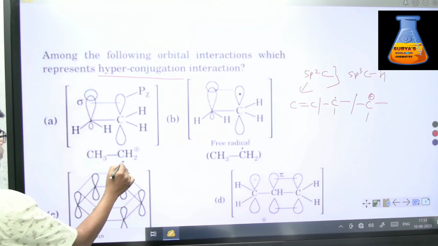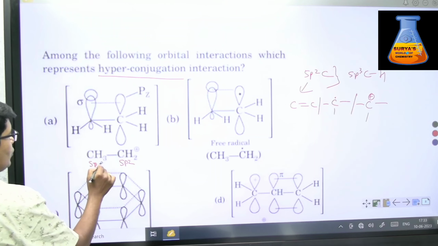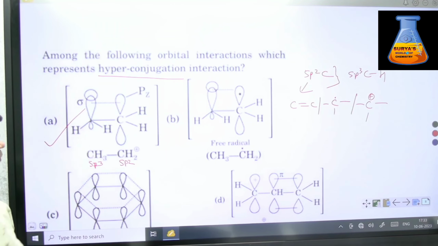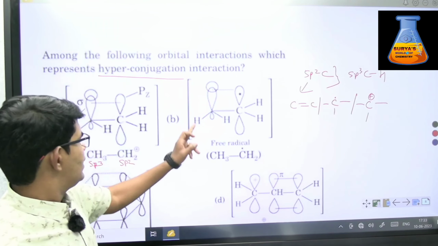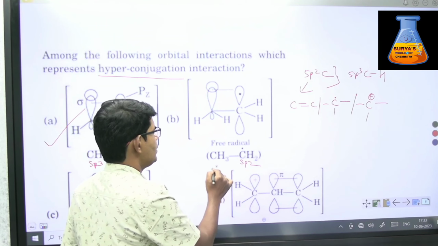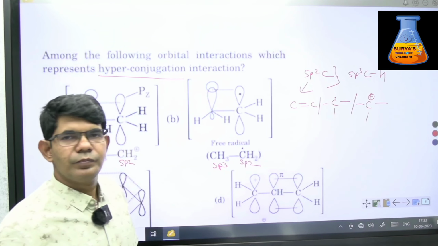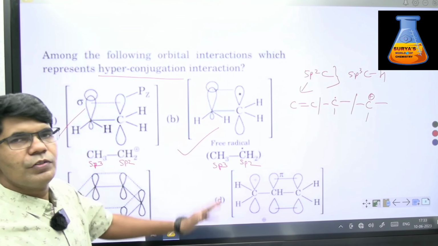So this is sp2 CH2 plus, this is sp3. So this is very much applicable for hyperconjugation, right? See the next one, free radical. Yes, sp2 and this is sp3. So this is also very well involved with hyperconjugation.